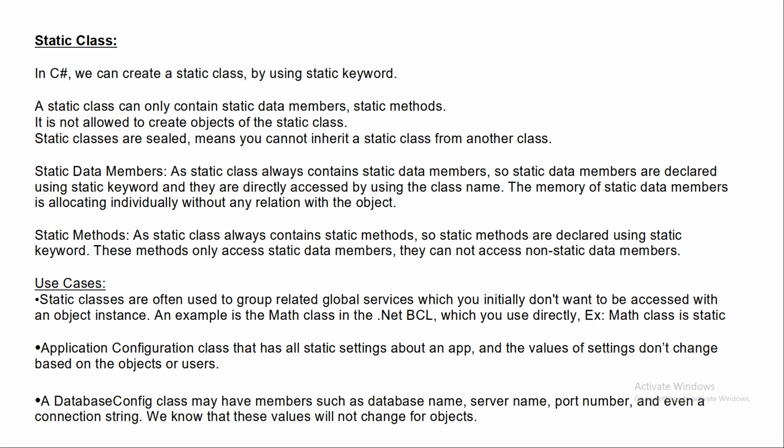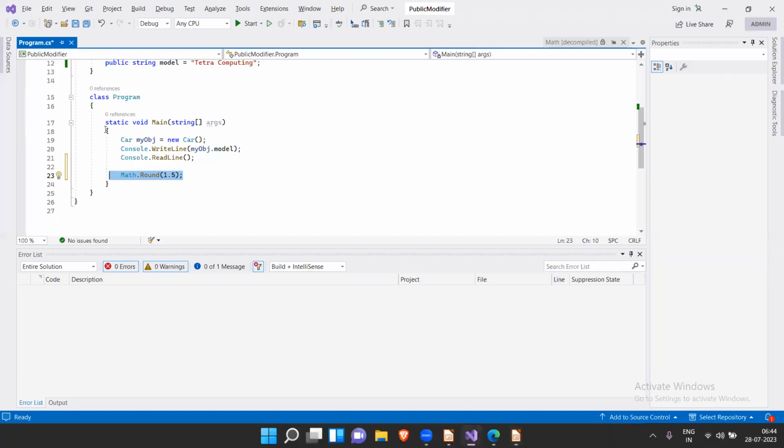Though you are not going to create the object, you can still access the methods or variables from the static class by referring to the class name itself. You don't have the object for a static class, that's why you have to use the class name dot the property or method or variable. Guys, clear, or any questions on the static class?